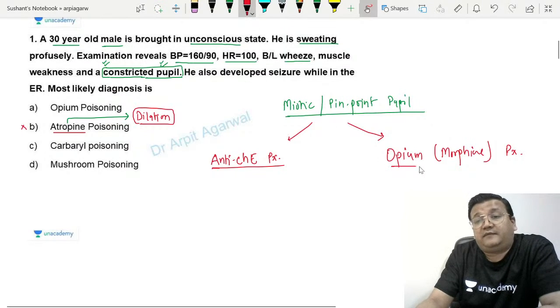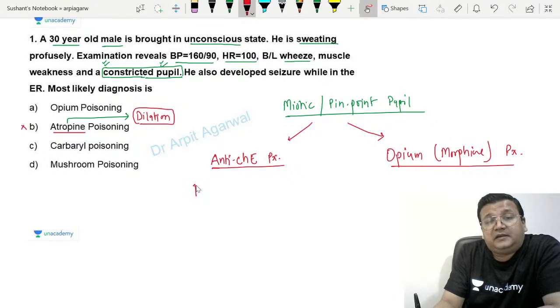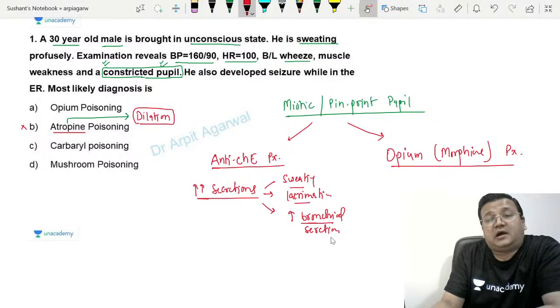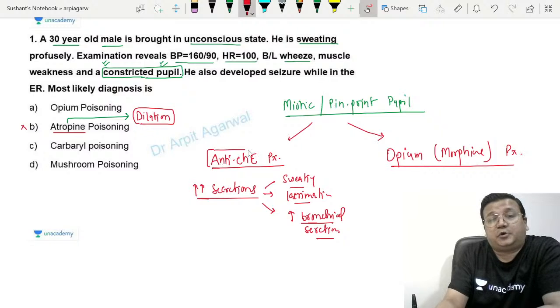You have to look at other symptoms. If you have increased secretions, like sweating, lacrimation, increased bronchial secretion, which is very important to look for, so if secretions are going up along with miotic pupil, it is anticholinesterase poisoning.